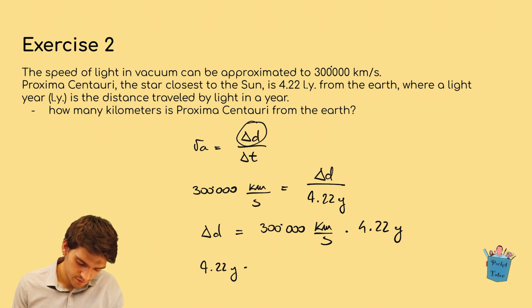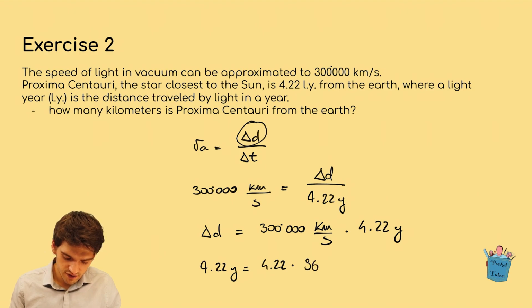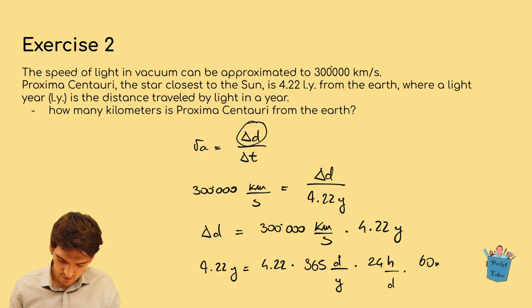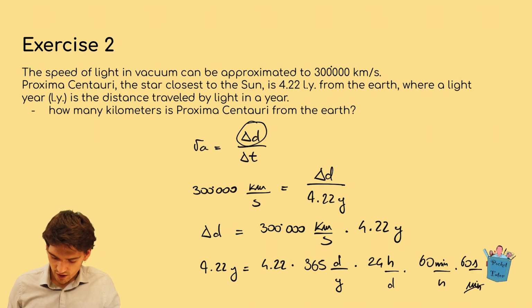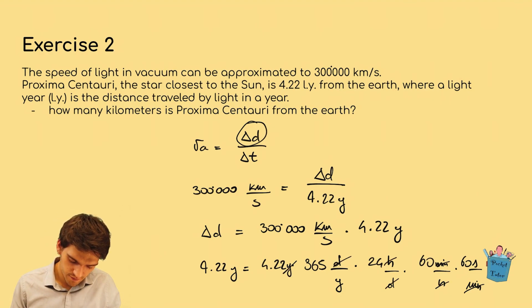4.22 years is equal to 4.22 times 365 days every year times 24 hours every day times 60 minutes every hour times 60 seconds every minute. So we can simplify. This was year, and we get seconds.